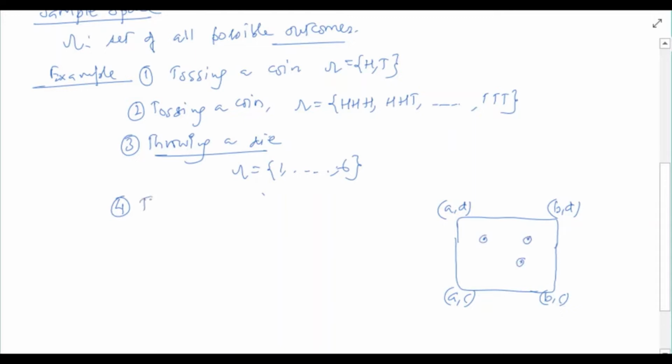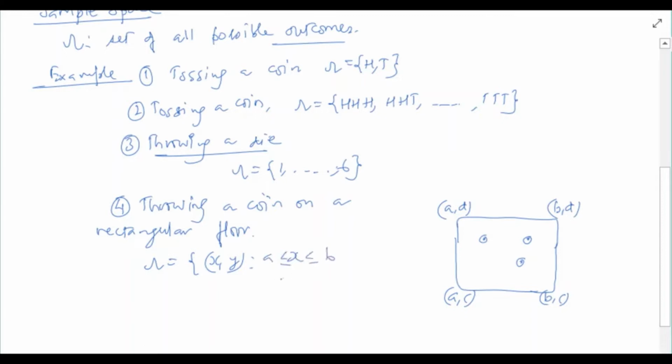In this case, the experiment is throwing a coin on a rectangular floor. My sample space is the collection of all points of the form xy, where x varies between A and B and y varies between C and D.